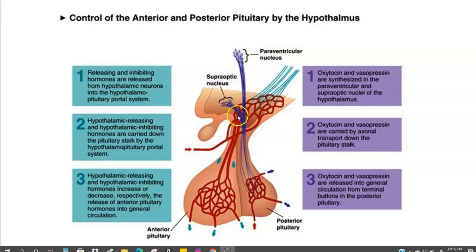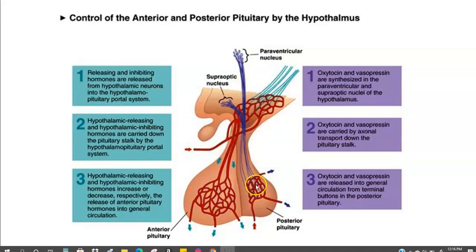So those hormones will travel through the blood vessels, the capillaries, to the anterior pituitary. And that's how the hypothalamus will control either the secretion or the inhibition of hormones from the anterior pituitary. Okay, so that's a vascular connection.